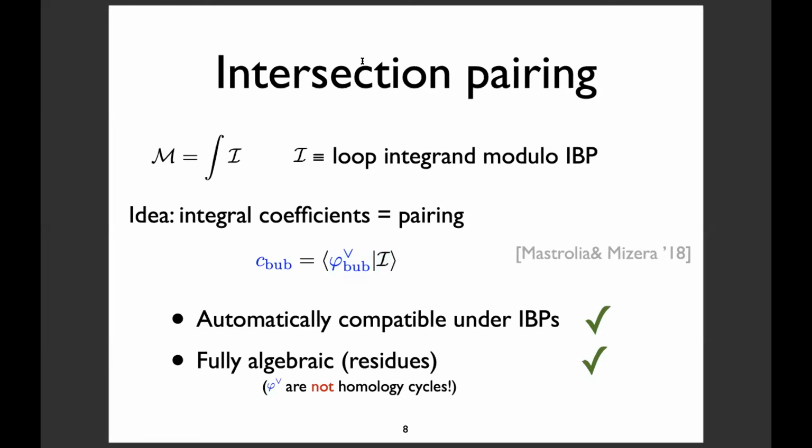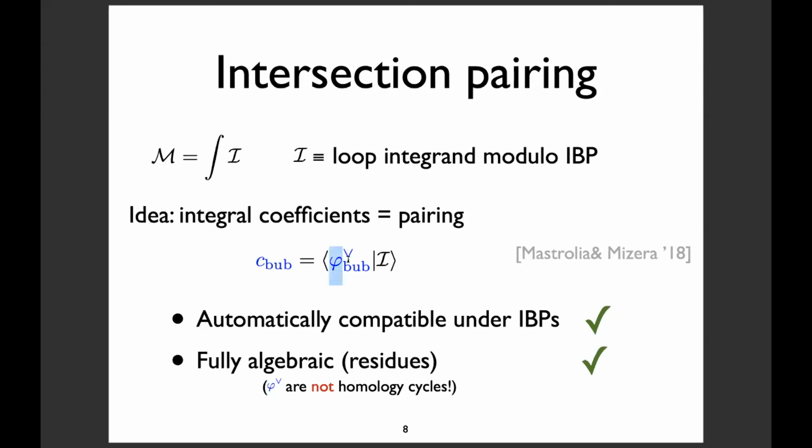The other thing that's nice about this intersection pairing, which we'll explain more briefly, is that it's completely algebraic. One might have thought that the dual of the space of integrals is the space of integration contours. In talks where people think about the space of possible integration contours and monodromy and all that, that's all great, and it is true that the space of homology, or space of contours, is dual to the space of integrals, but this is another space.